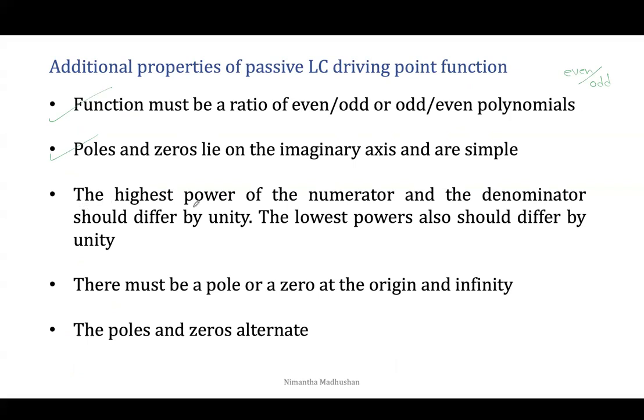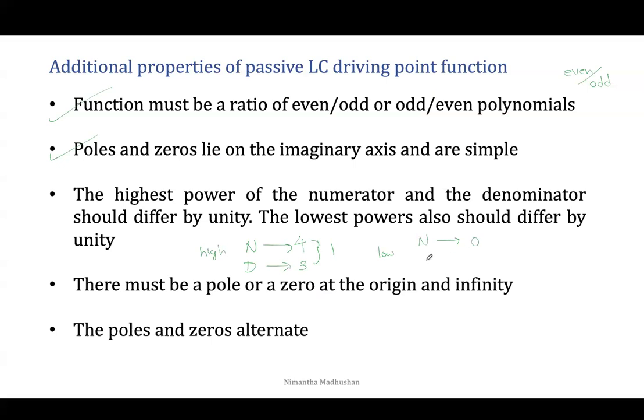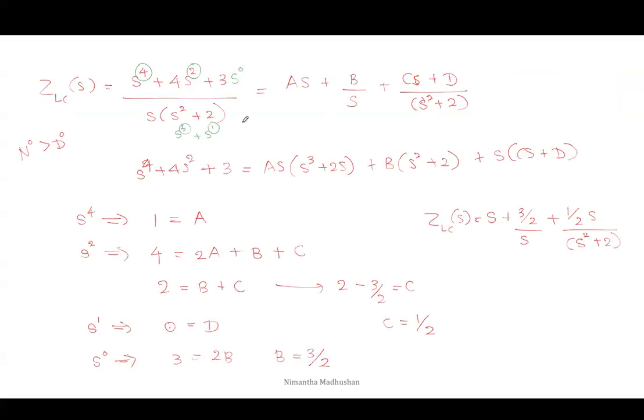The third one is that the highest power of the numerator and the denominator should differ by unity, and the lowest powers should also differ by unity. The highest power of the numerator is 4 and the denominator is 3. The difference is 1. When you consider the lowest, from the numerator the lowest one is 0 and the denominator's lowest one is 1.